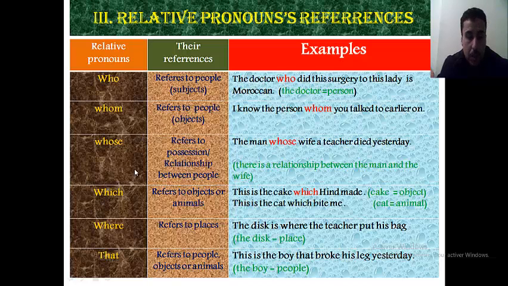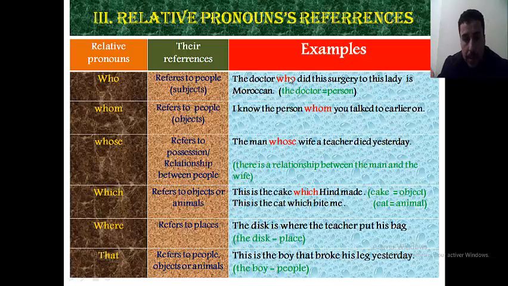We can't use, for example, which, you are going to see why we didn't use it. So the doctor is a person. That's why we have who. It means the person who did this operation for this lady is Moroccan. Normally, if we take this and remove it, the doctor is Moroccan, yes, it's correct. But the doctor who did the operation, we link between these sentences.